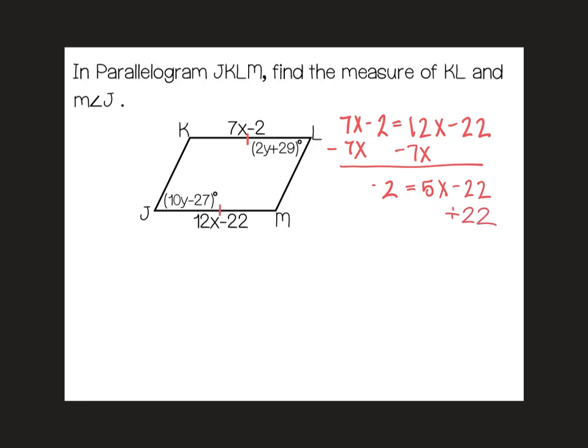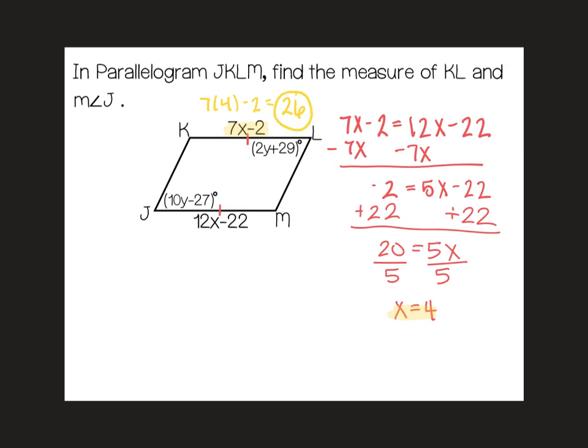Add 22 to both sides. You get 20 equals 5x. Divide by 5, and x is 4. Since it says find the measure of KL, I need to take this 4 and plug it into KL. So 7 times 4 minus 2, so that would be 26. So KL is 26.